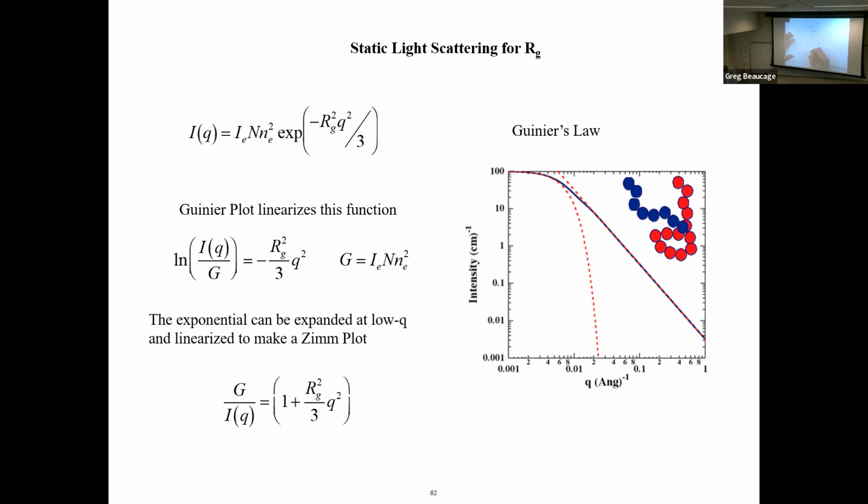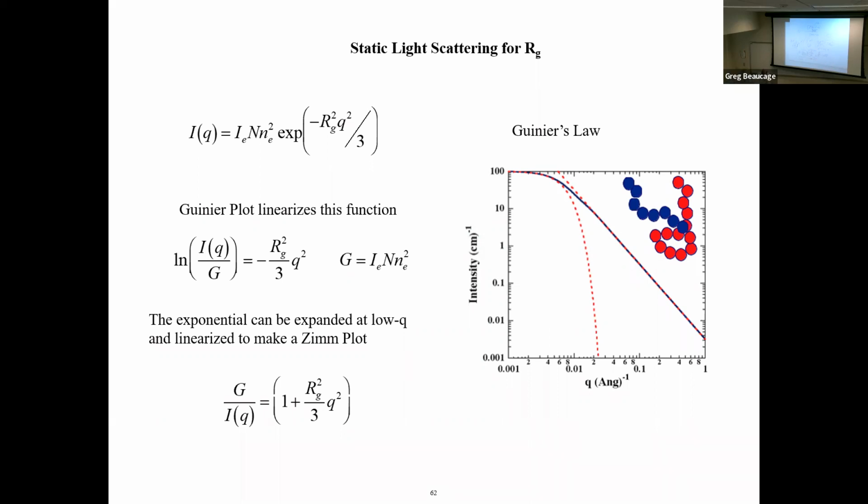And Q equals 4 pi over lambda sine theta. So basically Q is 2 pi over the d spacing. If you put this into that, you'll find that Q is 1 over the d spacing. So if you look at low Q, you're looking at large size. It's the inverse thing going on.